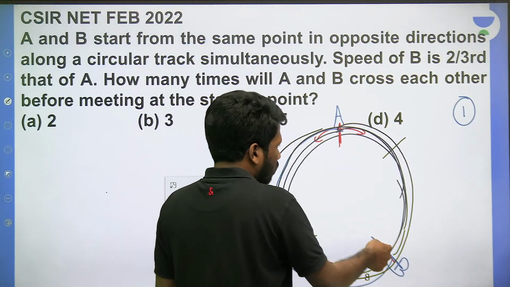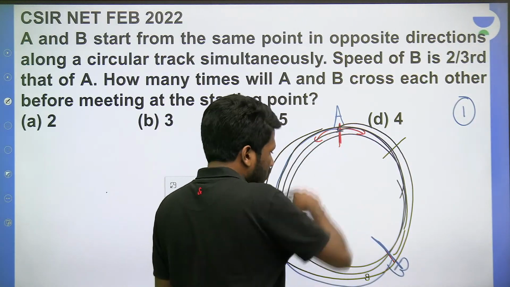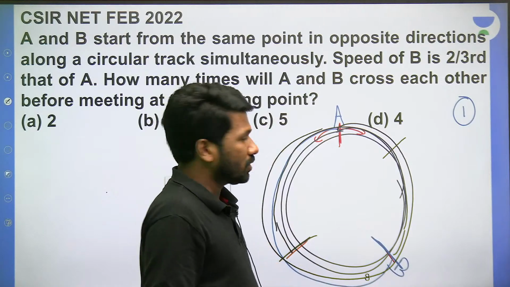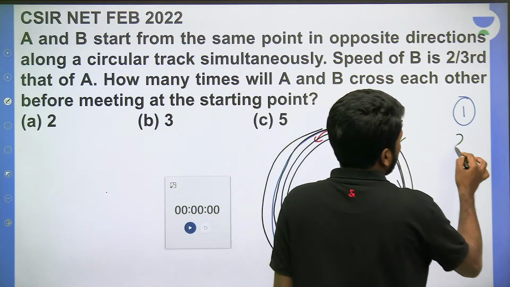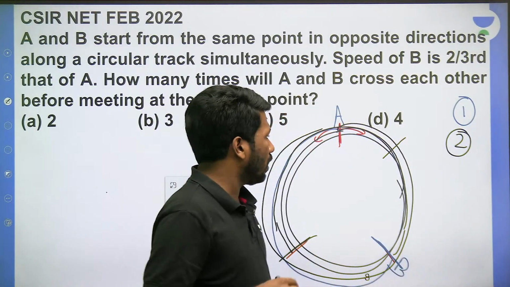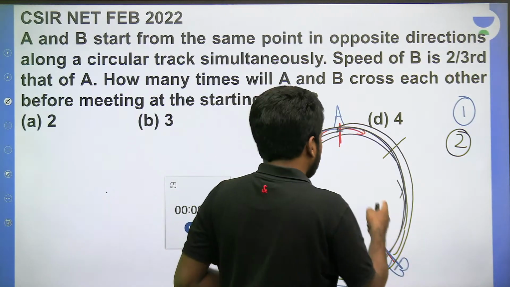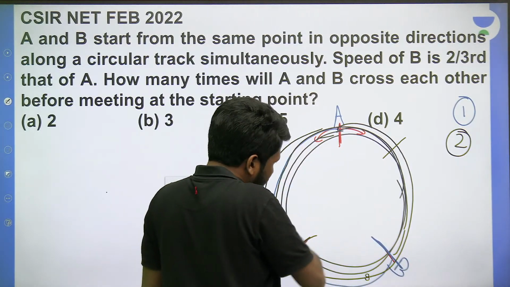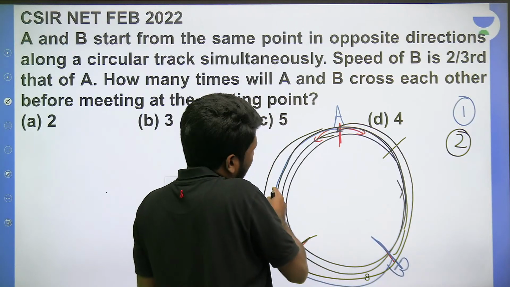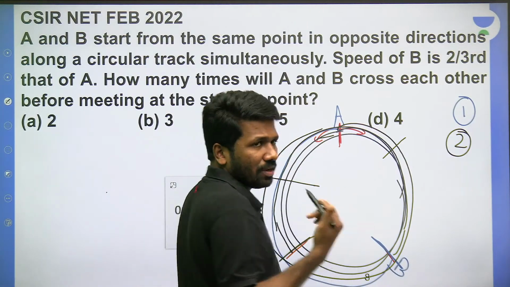Full circle का 2/3 means 1, 2 portions out of 3 portions. So second round में A और B 2 बार meet करेगा. Why 2 बार meet करेगा? In between this region A and B is meeting once. And then B is traveling like this. By that time A will come back. So somewhere here also B and A will meet.